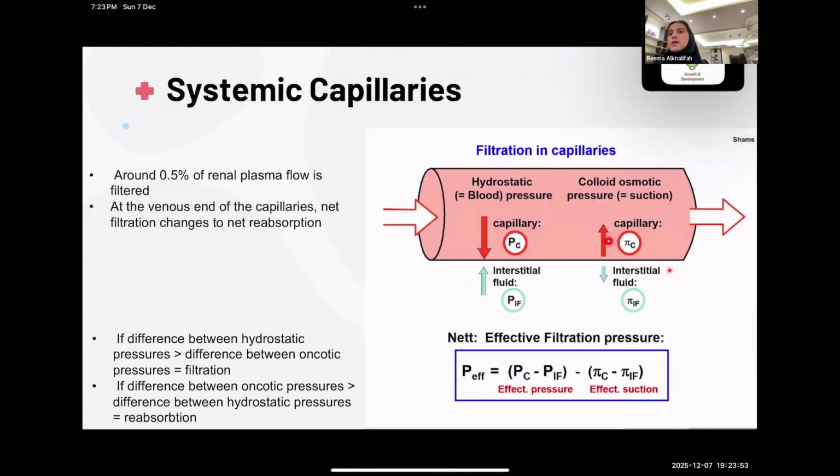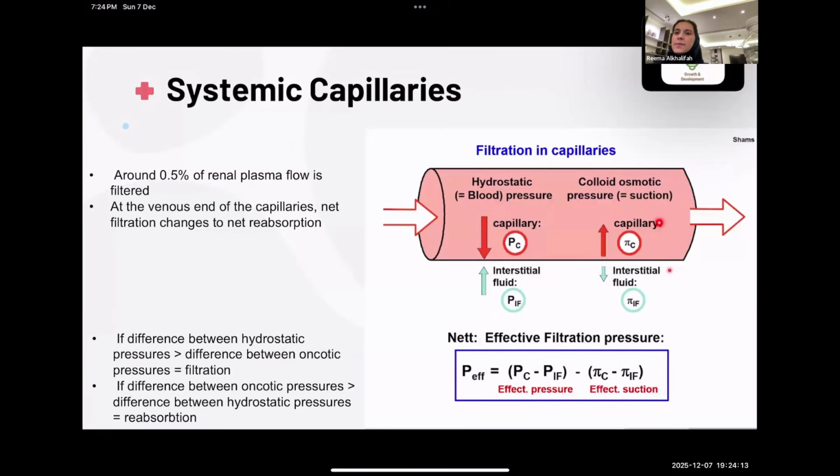This is not the case with oncotic pressures. Oncotic pressures pull the fluid, okay? So capillary oncotic pressure, it prefers pulling the fluid back into the capillary. The interstitial fluid oncotic pressure helps pull fluid into the interstitial fluid.